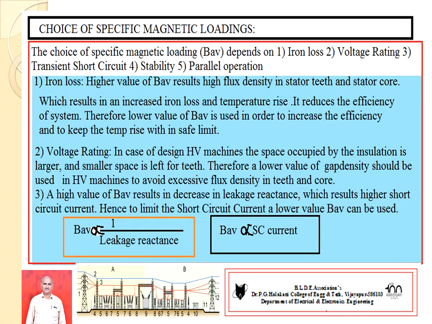Hence, we have to take care about B average and use a lower value of B average, because a lower value gives high leakage reactance. Leakage reactance should be high, so we have to use a lower value of B average.